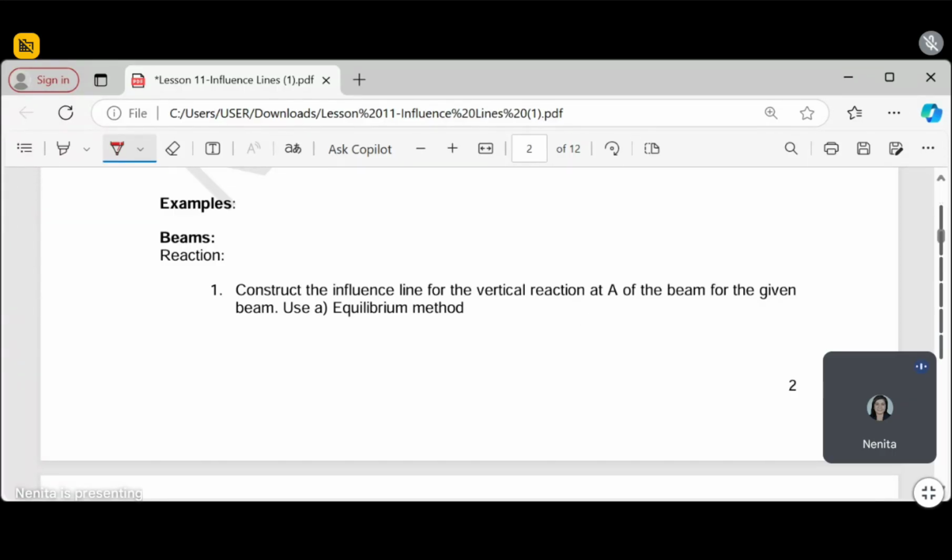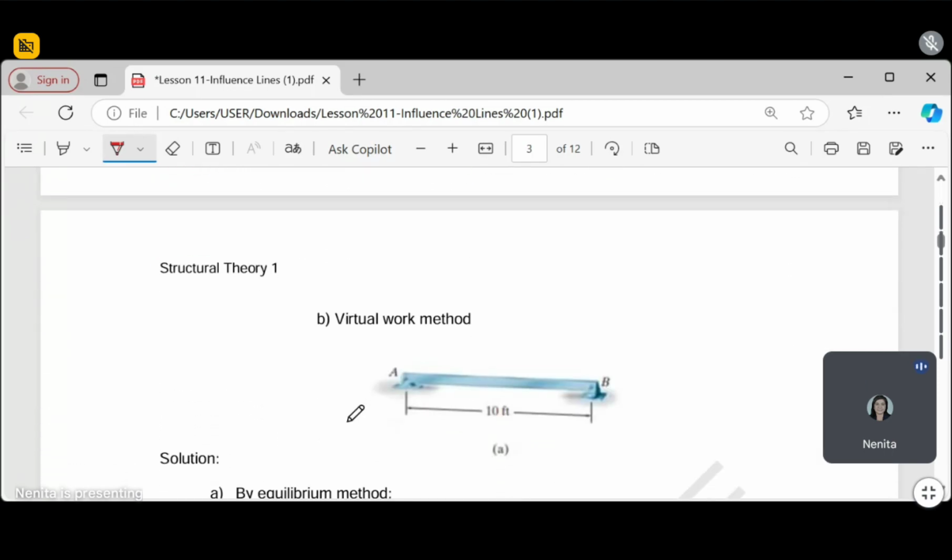Construct the influence line for the vertical reaction at A of the given beam using the equilibrium method. This is the beam, 10 feet, simply supported.